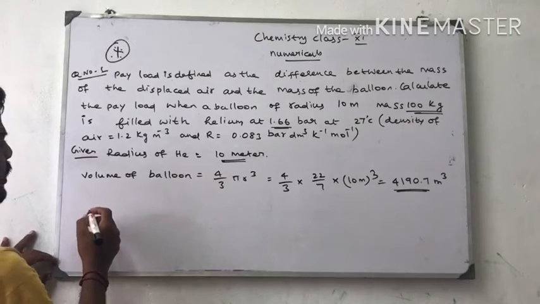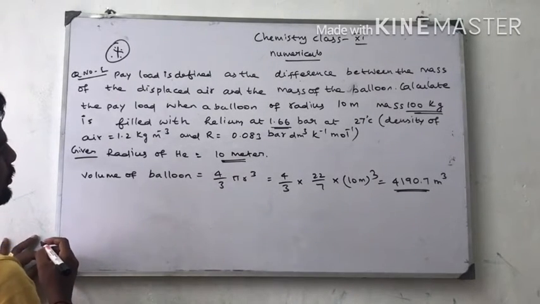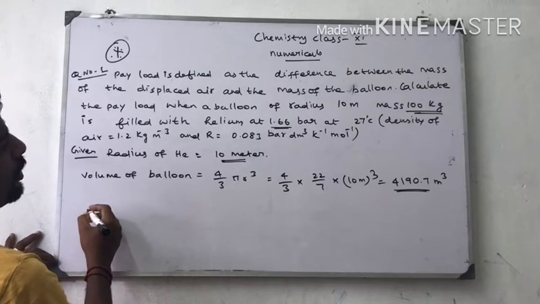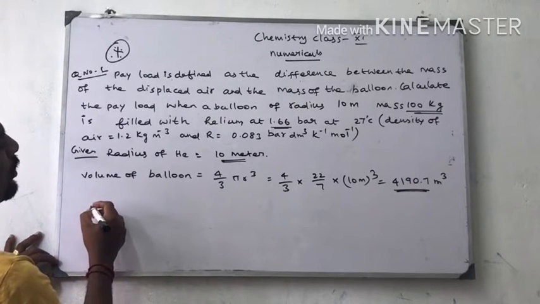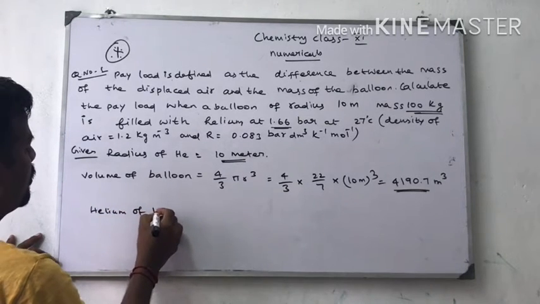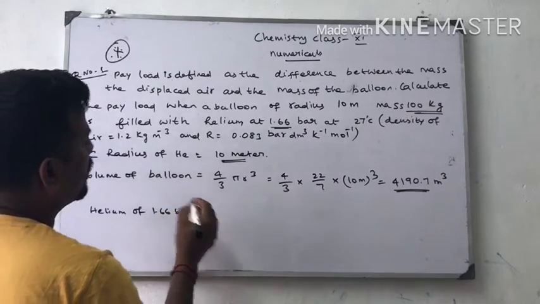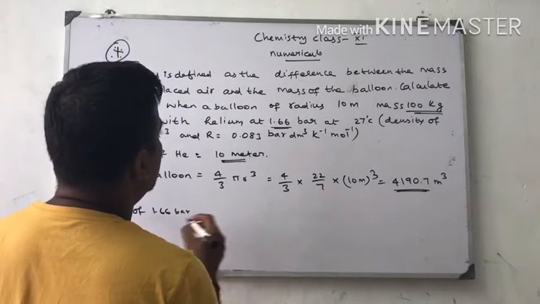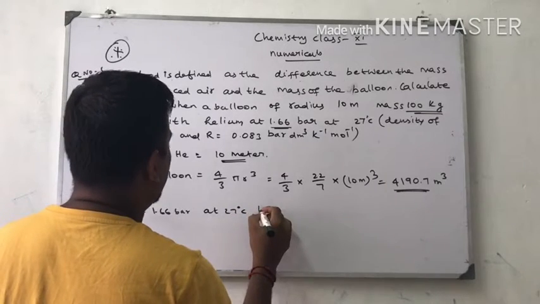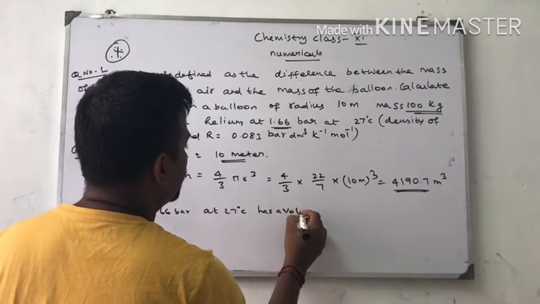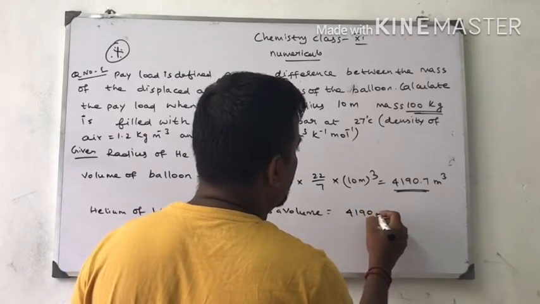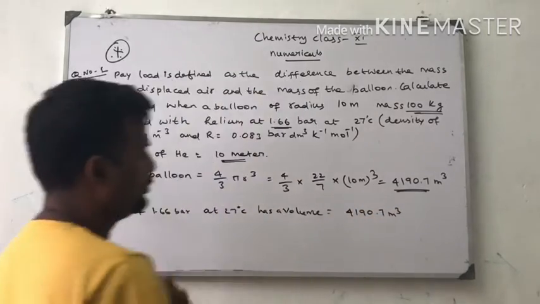Next, to find the mass of the balloon. Helium at 1.66 bar pressure and at 27 degrees has a volume of 4190.7 meter cube.